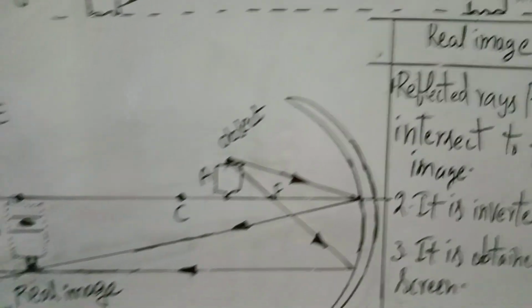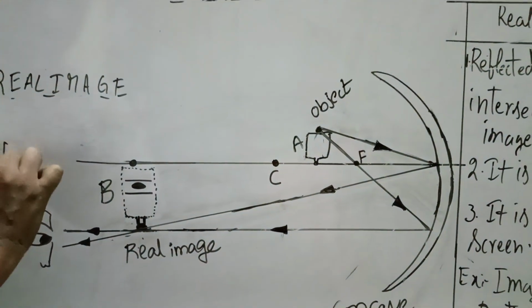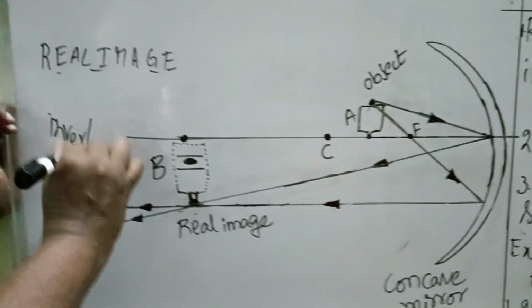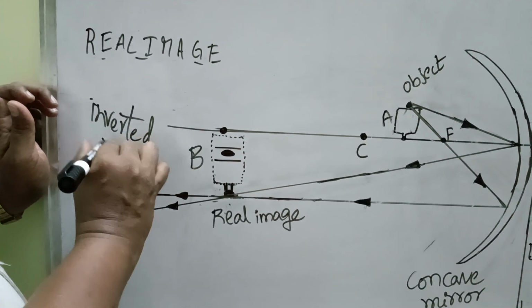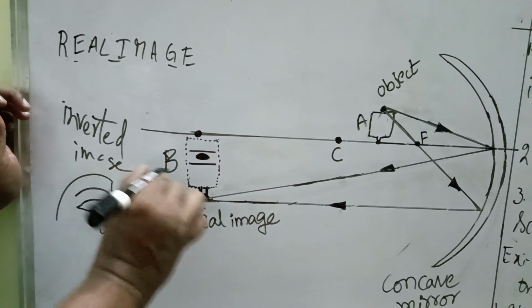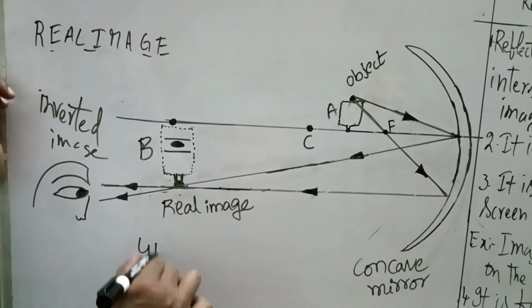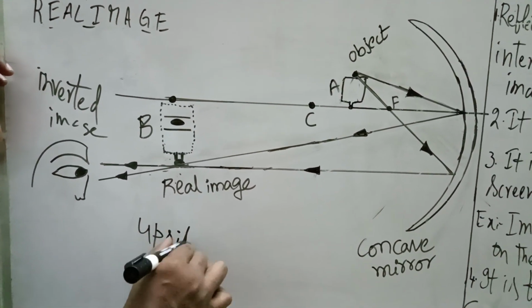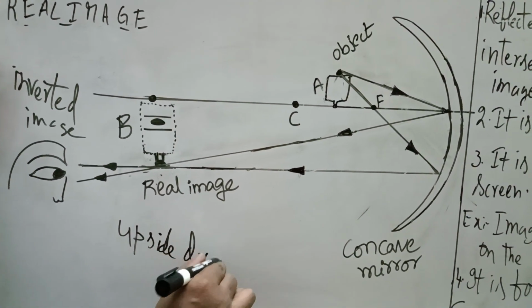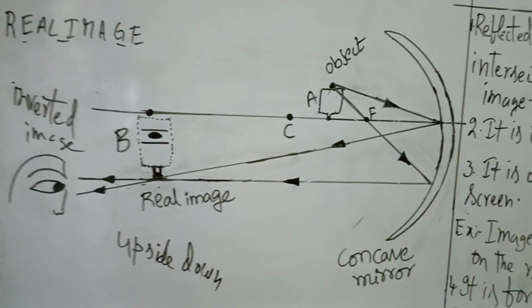Here we get the inverted image, or we can say upside down, that is, the top side is made downwards. This is the real image here.